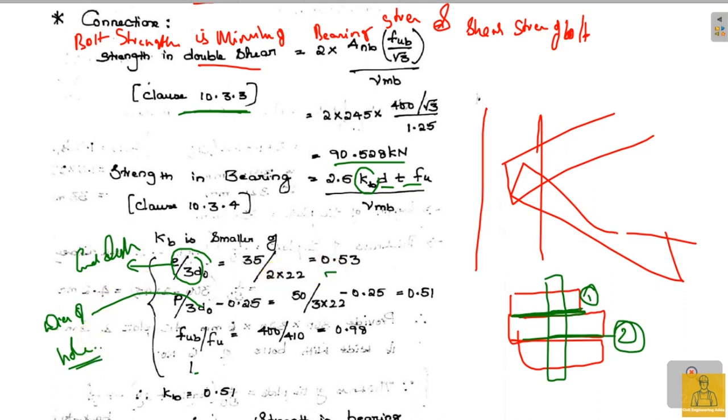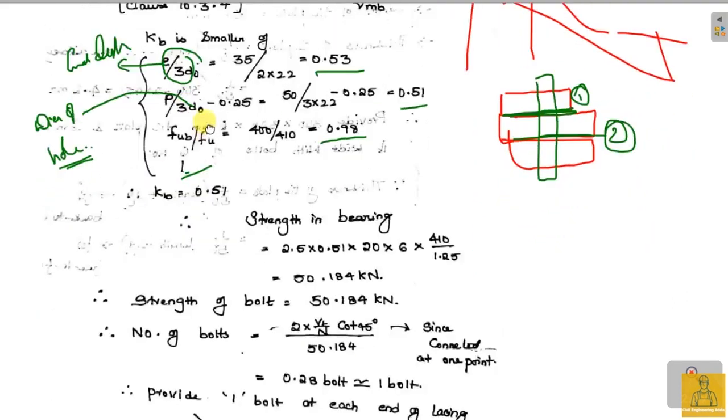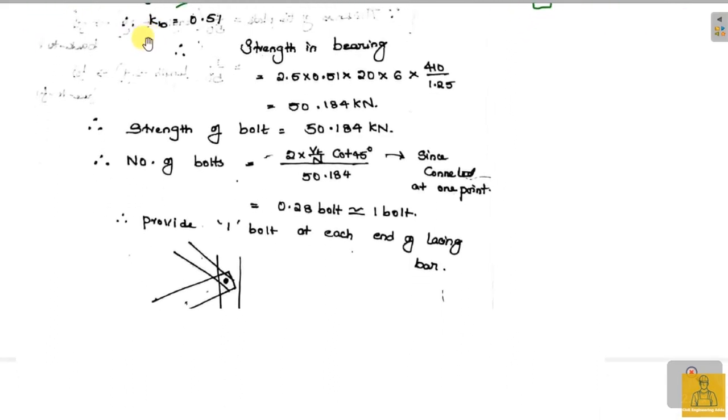So upon calculation, one is 0.53, one is 0.51, another is 0.98 and the other is 1. So take the minimum value, which is 0.51, and substitute this here and you will get the strength of the bolt in bearing, which is equal to this 50.184 kilonewton.